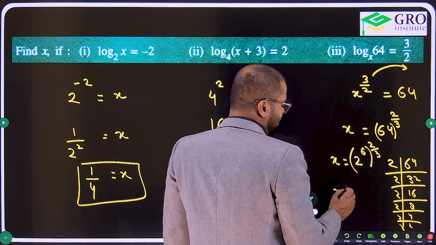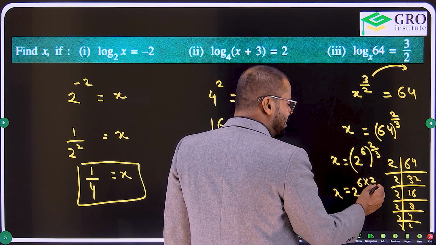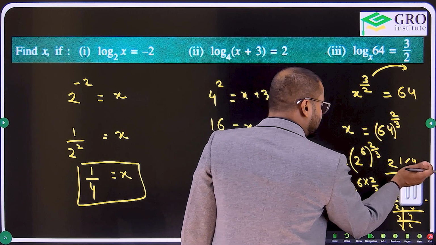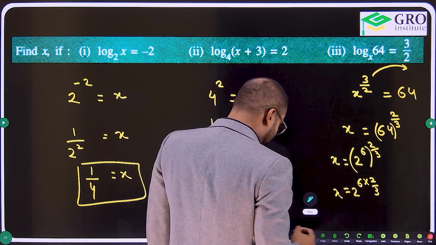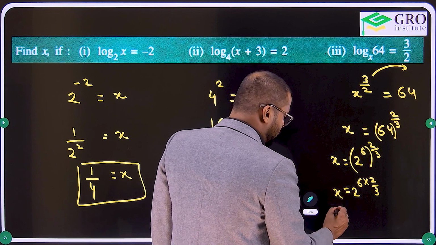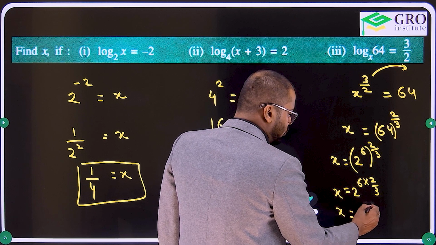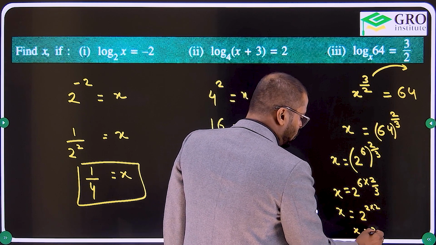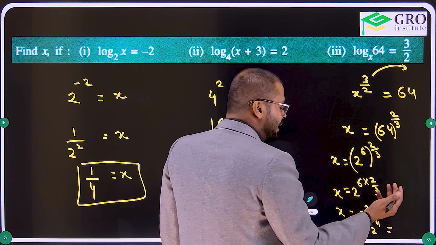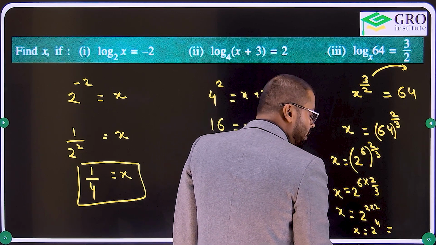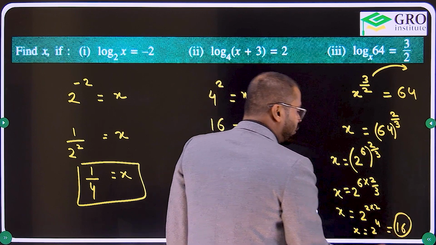Now x is equal to 2 to the power 6 into 2 by 3, because both the powers get multiplied. This is the rule. Here you get x is equal to 2 to the power, this is 2 into 2, and x is equal to 2 to the power 4. And 2 to the power 4 is 16. So 16 is your final answer.